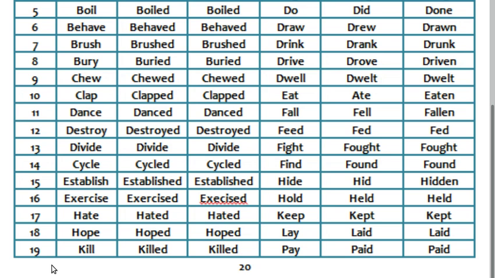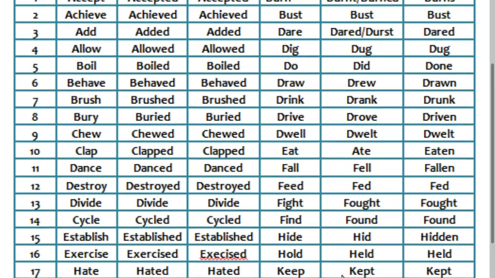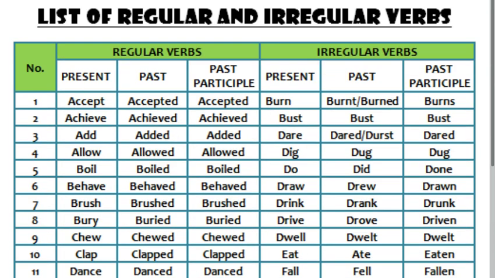Have a look at this list. In this list you see many different verbs, always in 3 rows. You have here regular and irregular verbs. So now when you look at the verbs, what does change?